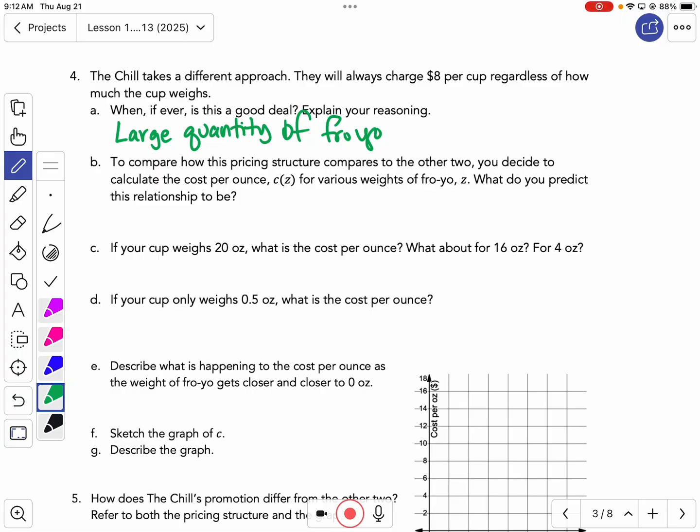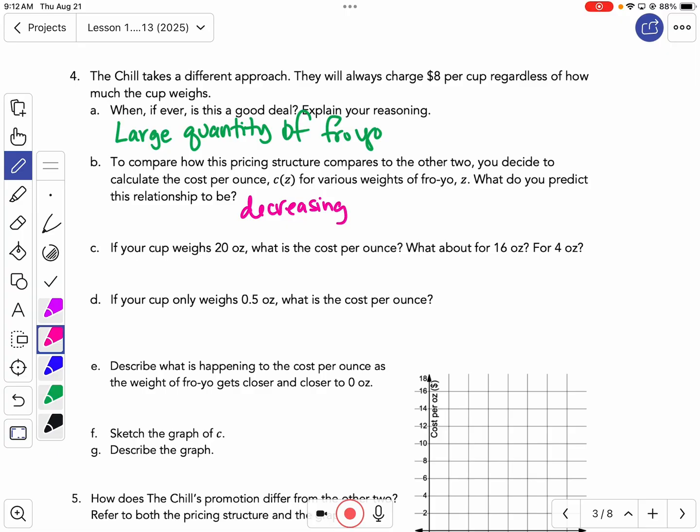Okay, so it says to compare how this pricing structure compares to the other two, you decide to calculate the cost per ounce for various weights of froyo. Okay, what do you expect this relationship to look like? Any ideas? All right, so a decreasing function, right? I think that's a good idea, that it would be decreasing.